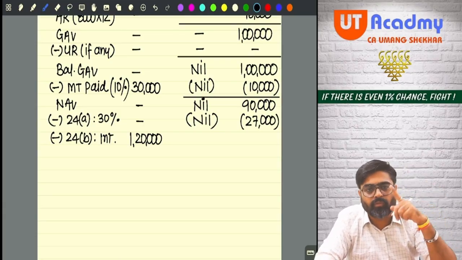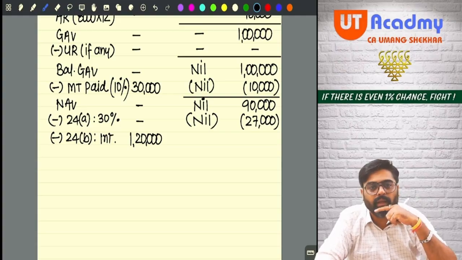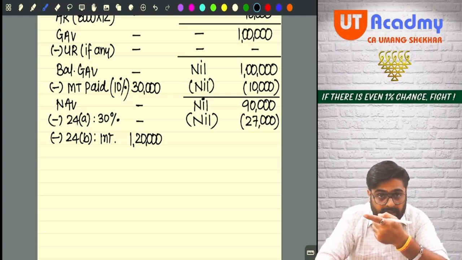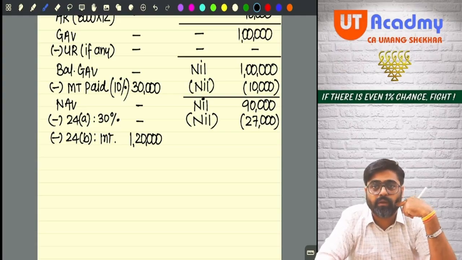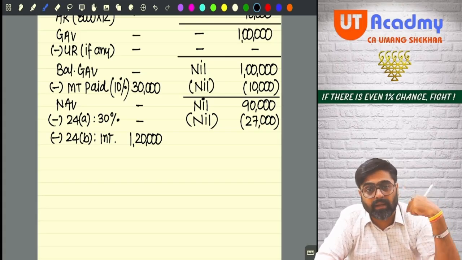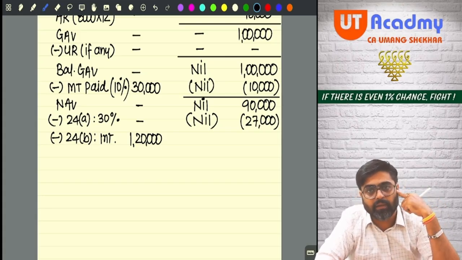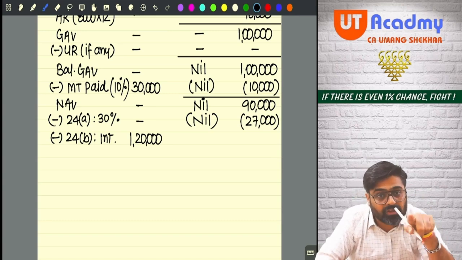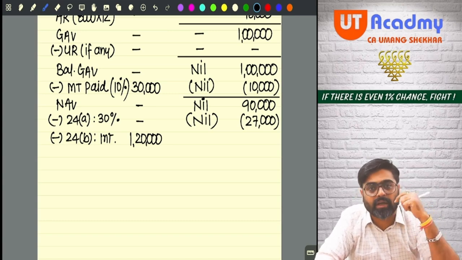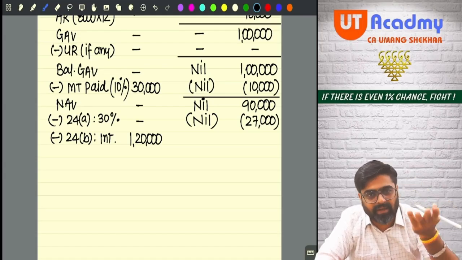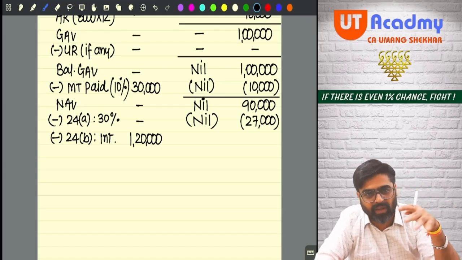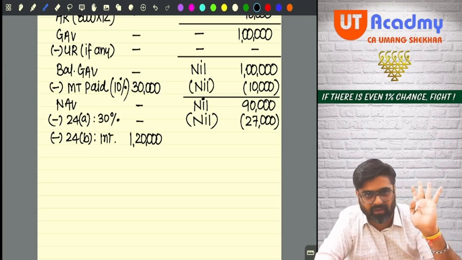Will that 80,000 be fully allowed? The answer is yes. Why? Because the loan was taken in 2020. Please check the question. Meaning on or after 1st April 99. The loan was taken for acquisition of the property, means purchase or construction. And if nothing is mentioned, purchase happened immediately, no? That means within 5 years the purchase and construction is over.